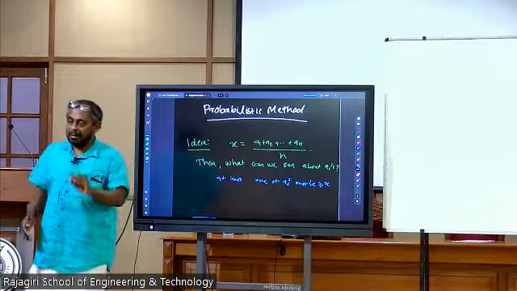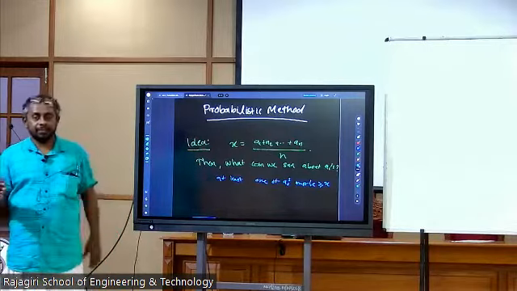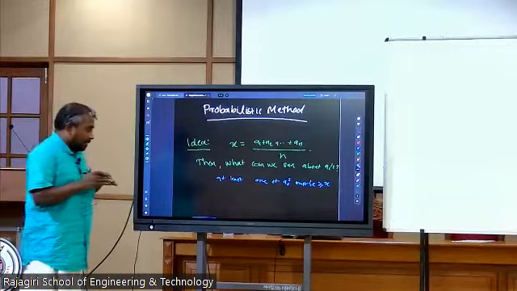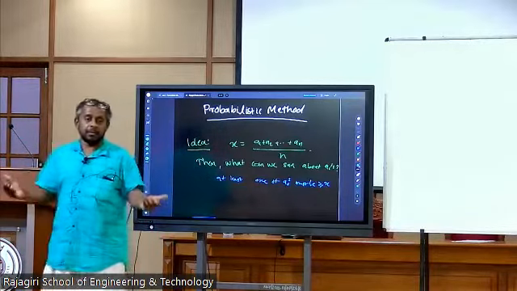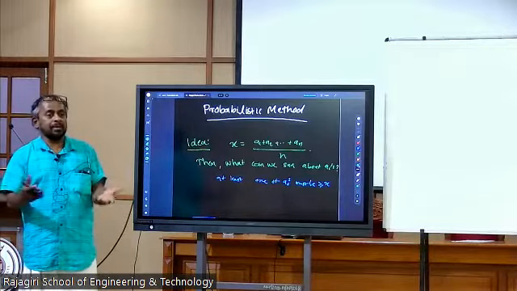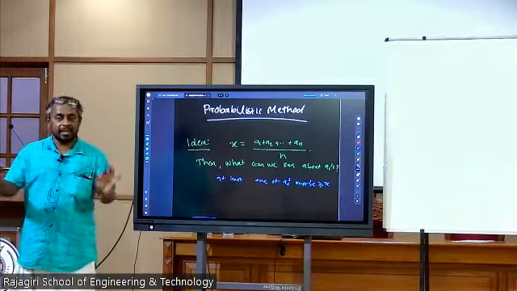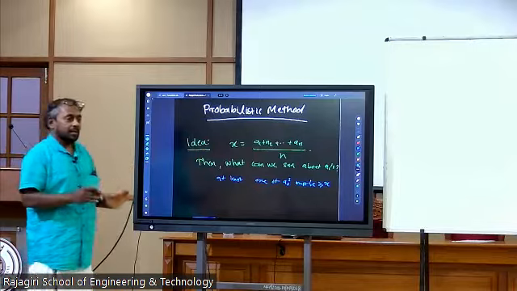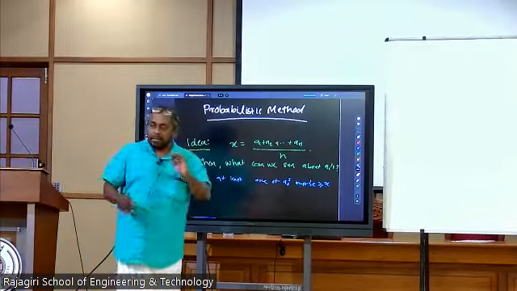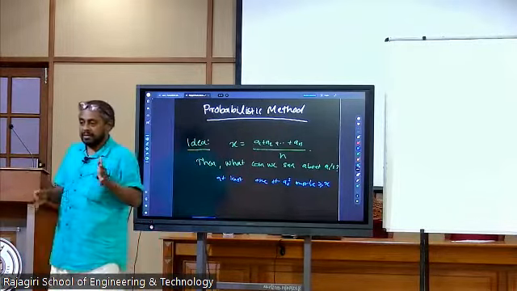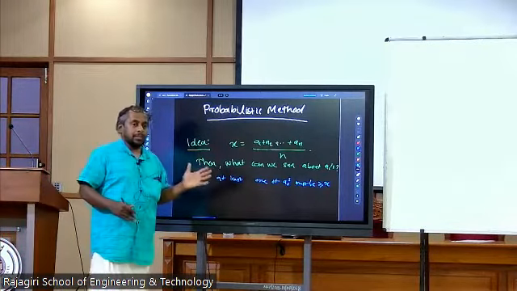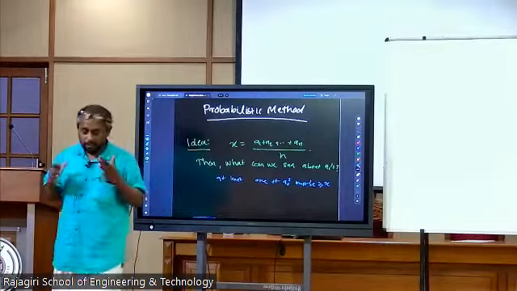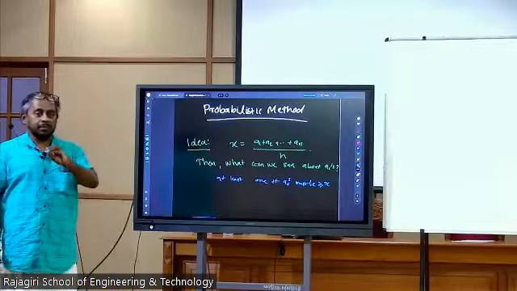At least some object of this type must exist. Because if no object of this type exists, then we won't be able to show positive probability. To show it is strictly greater than 0, that is only possible if one of the objects of this type exists. Otherwise, it is not possible. So this is the idea behind the probabilistic method: somehow you show that there is a positive probability for something.